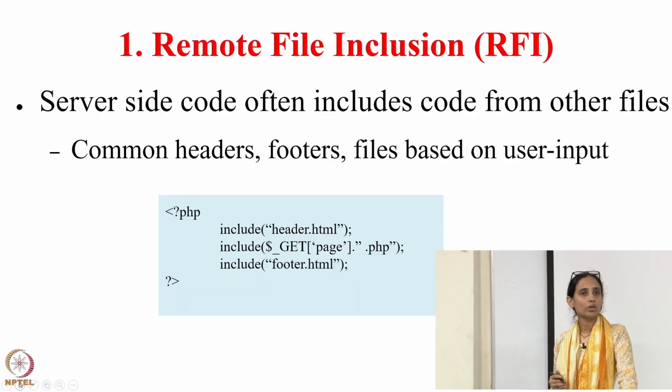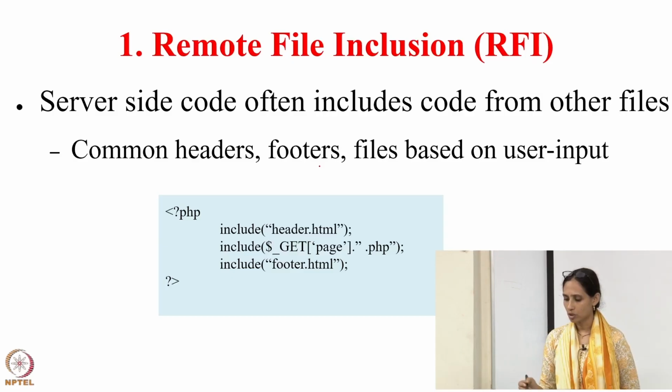Oftentimes when you are writing the PHP scripts on the server, you want to include some other files. This is like when you write C code also, you will include some .h files from some other places. So, similar stuff is available in PHP also, where for example, if you want common headers, footers, files based on input, you may want to do something like this.